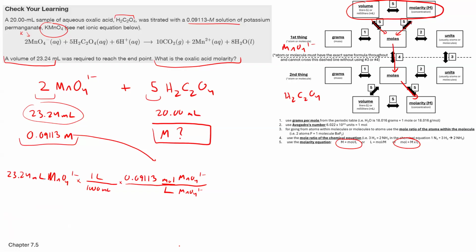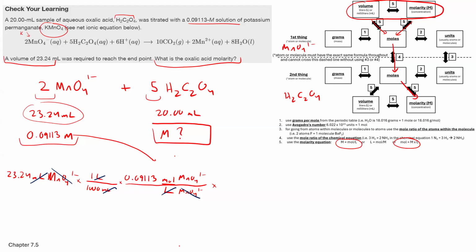Milliliters and milliliters, liters, liters, permanganate, permanganate. And we're left with moles of permanganate. Let's just now continue. We're not going to stop the equation, I'm just stopping to verbalize what we're doing.